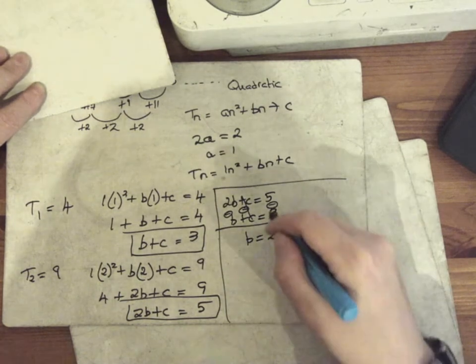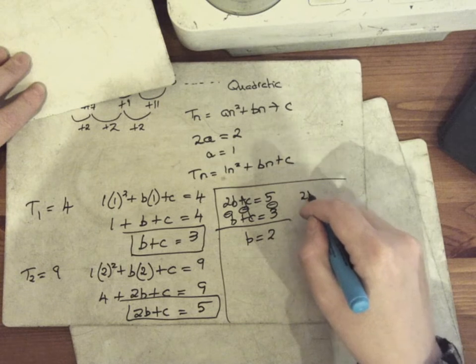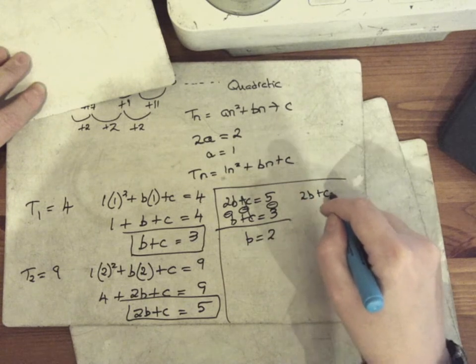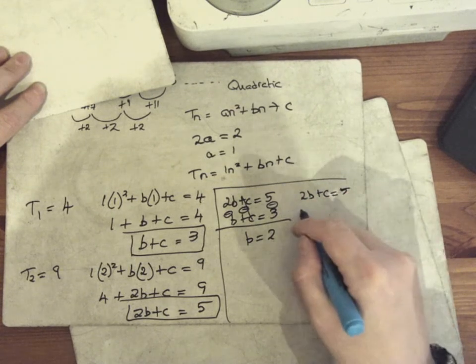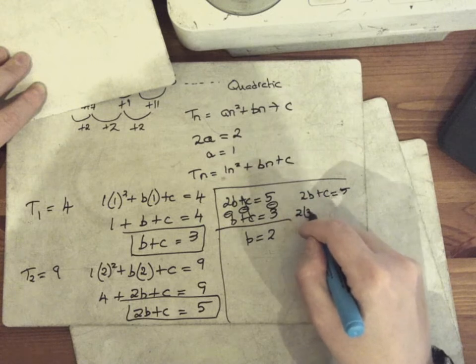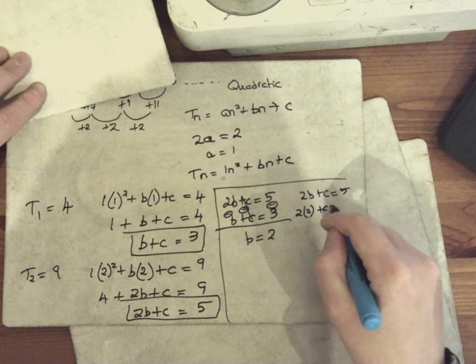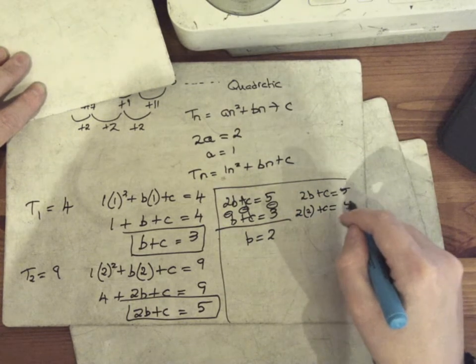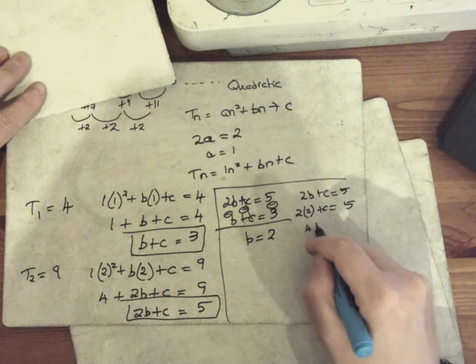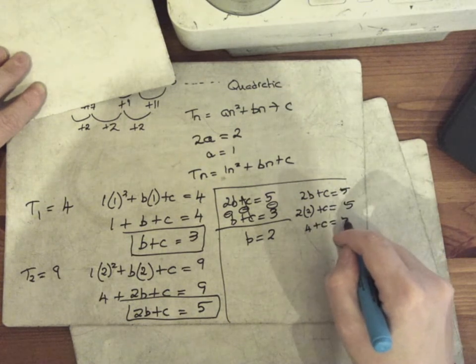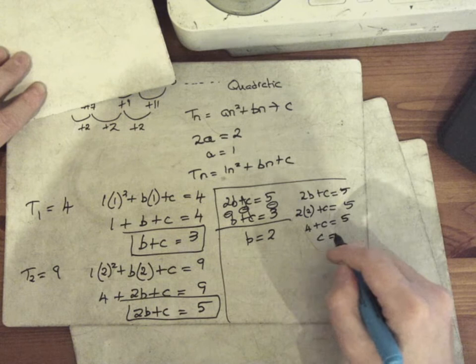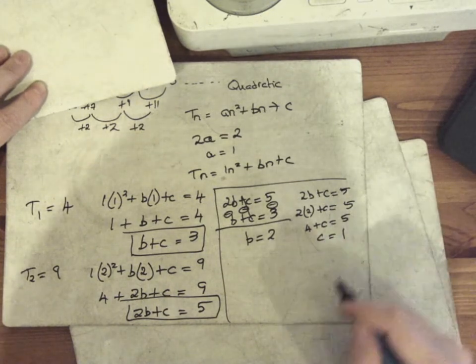Okay, so then take the top equation, 2b plus c equals 5. So it's 2 times 2 plus c equals 5. So that's 4 plus c equals 5. c is equal to 5 take away 4 when it comes over, so c is equal to 1.